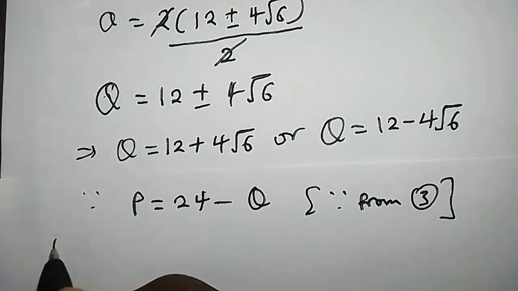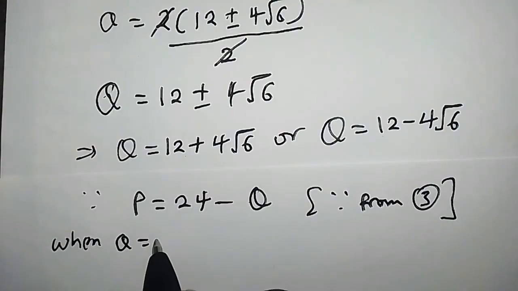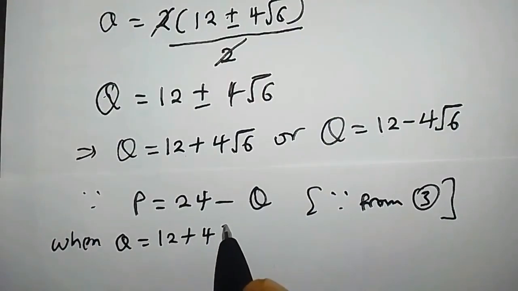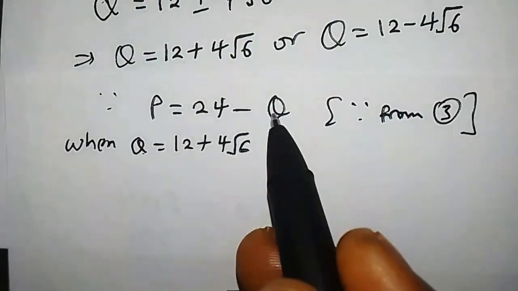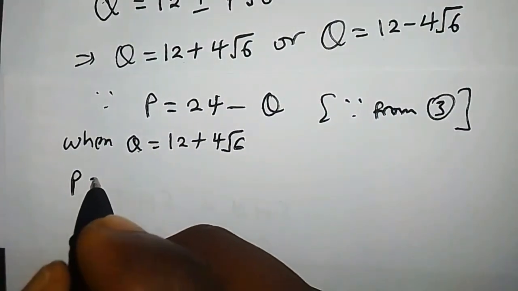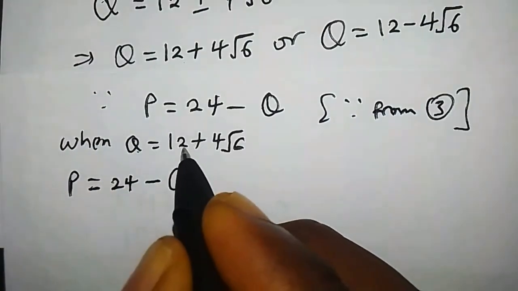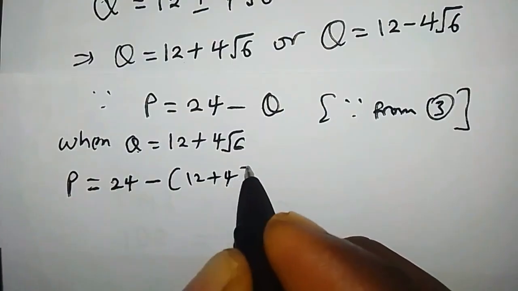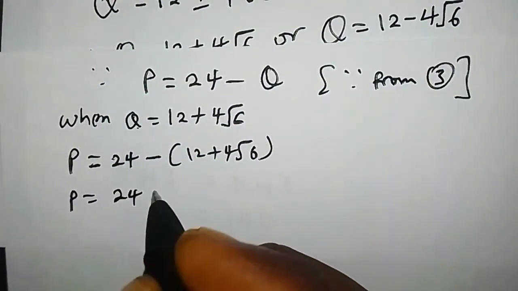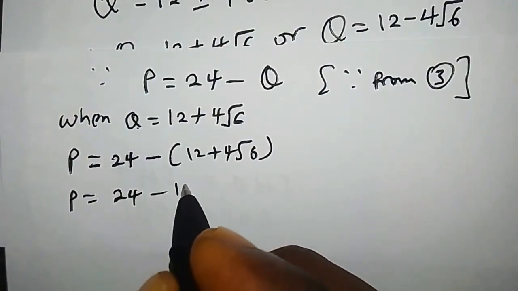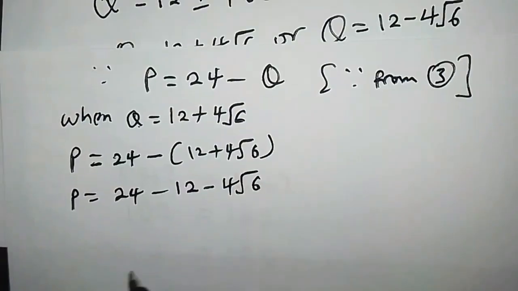When Q is equal to 12 plus 4 root 6, what will be the value of P? So plugging this Q here, we have P equal to 24 minus 12 plus 4 root 6. P is equal to 24 minus 12 minus 4 root 6.